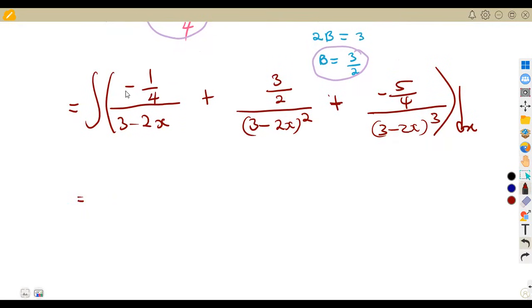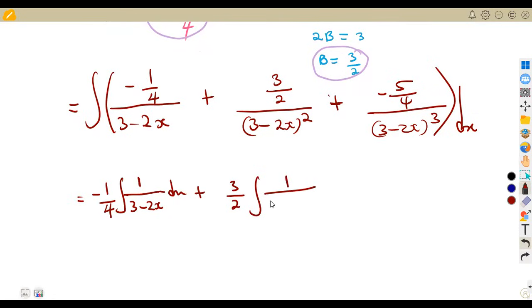We can take the minus 1 over 4 out. So this will be minus 1 over 4 like this, the integral of, so we are going to remain with 1 over 3 minus 2x, okay? We do the same thing, plus 3 over 2. We take the 3 over 2 out of the integral, so you're going to remain with 1 over 3 minus 2x like this to the exponent of 2.